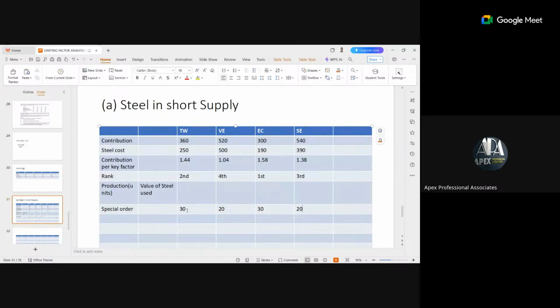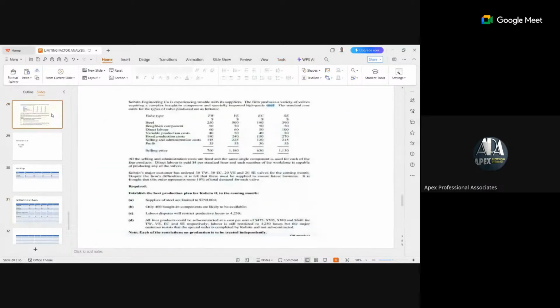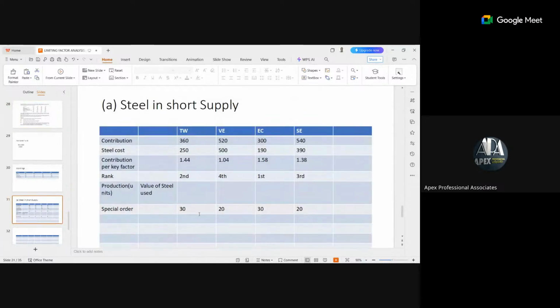So how much are we going to pay to get 30 TW? How much does the steel cost for TW? 250. 250 multiplied by 30. 7,500. The value is what?